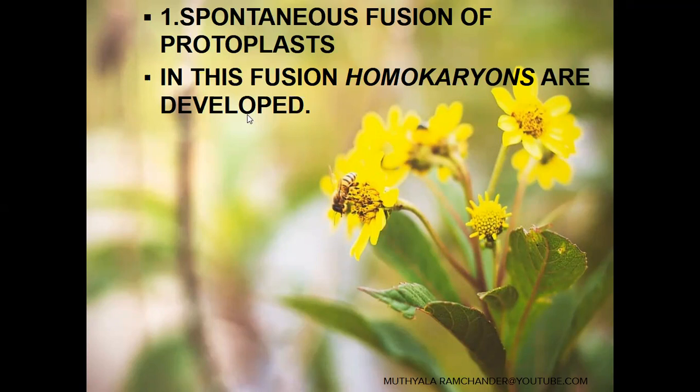Same species of protoplast means only one parental plant protoplast are fused. Initially we selected two parental plants. From the two parental plants, two types of protoplasts are selected. In this spontaneous fusion, only one plant protoplast are fused, called homokaryons. One parental plant protoplast fusion is called homokaryons.